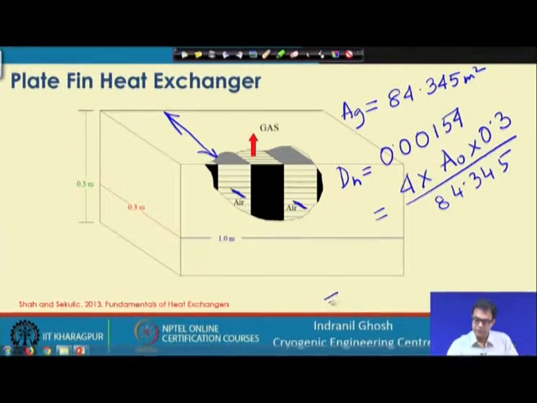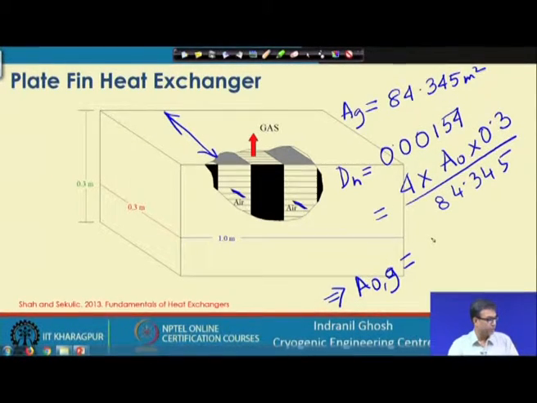From there we would be able to calculate A 0, and this is A 0 for the gas side. So, A 0 equals the hydraulic diameter multiplied by 84.345, divided by 4 times 0.3.